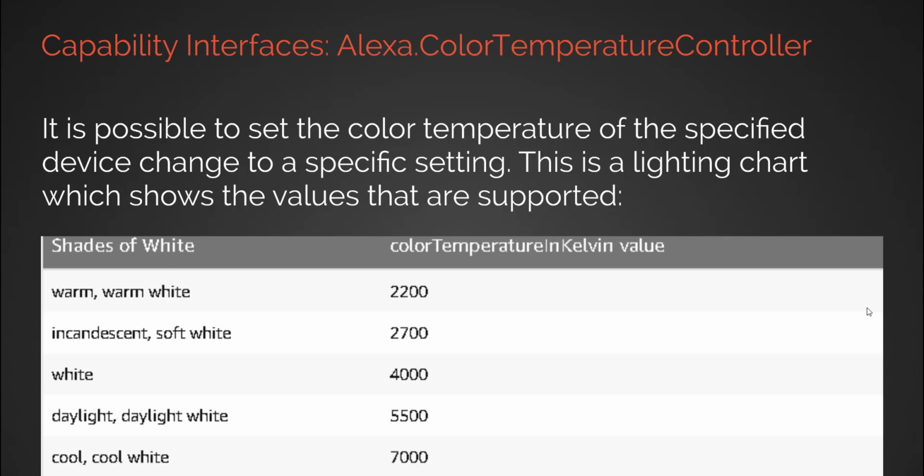For example, if we said warm, we would be looking at a Kelvin value around 2200. However, if we said something like cool white, now you're talking about a very bright white, which is 7000. All of these different terms are mapped to these values. So when we're interfacing with a device that implements this color temperature controller, we can adjust that level of brightness.